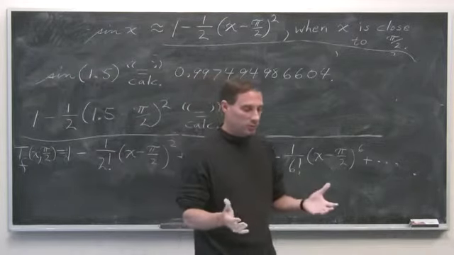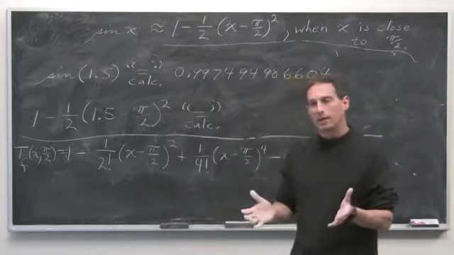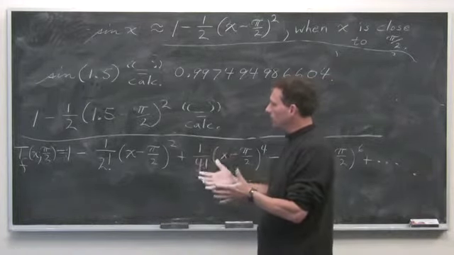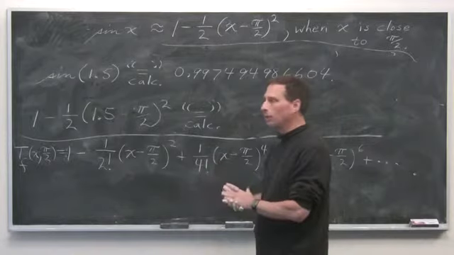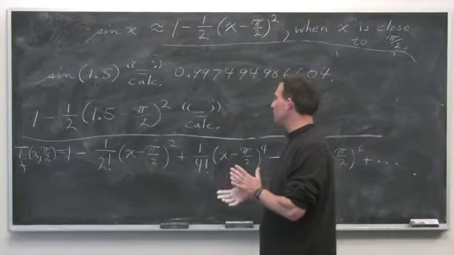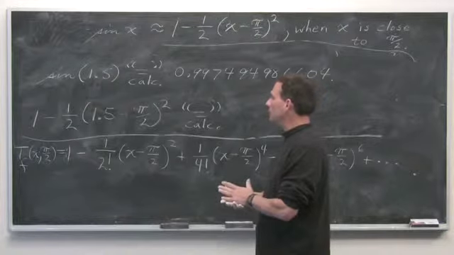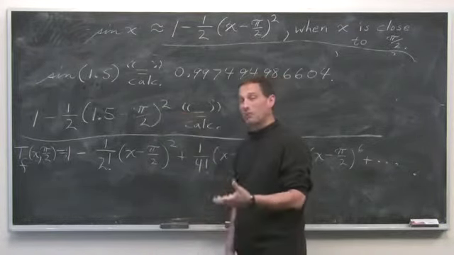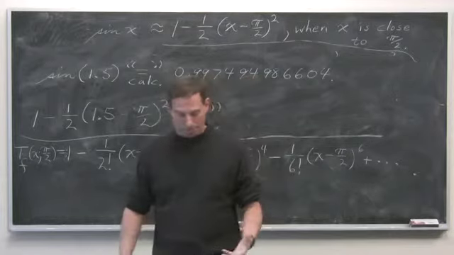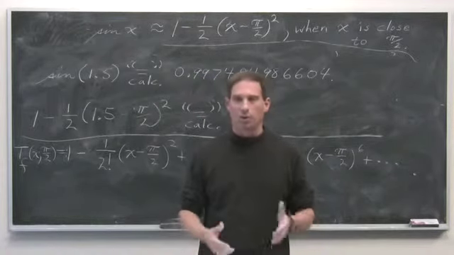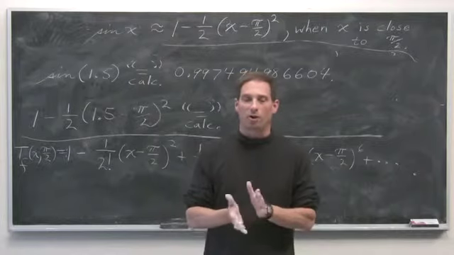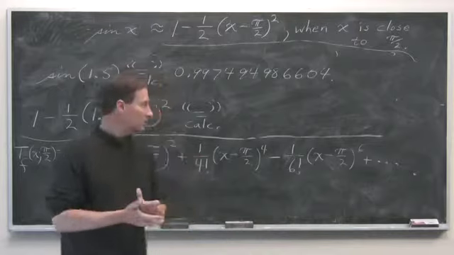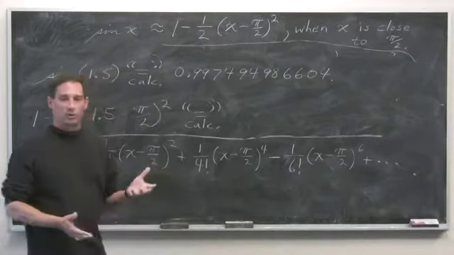We expect them to be good because we got Taylor polynomials by making derivatives match at x equals a. And we expect that to make the Taylor polynomial approximately equal the original function near x equals a. But if the point is to get something that you can do without a calculator, pi over 2 is kind of a bad thing to have in there. It's one of the reasons we prefer Maclaurin polynomials. At least the a isn't something unusual.